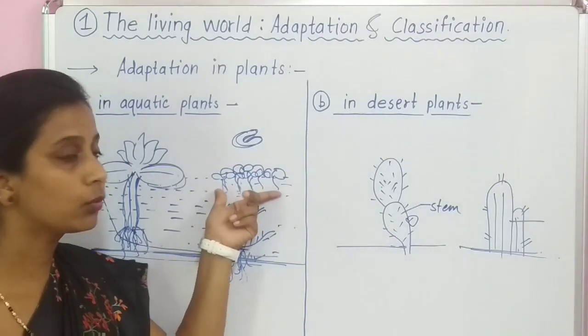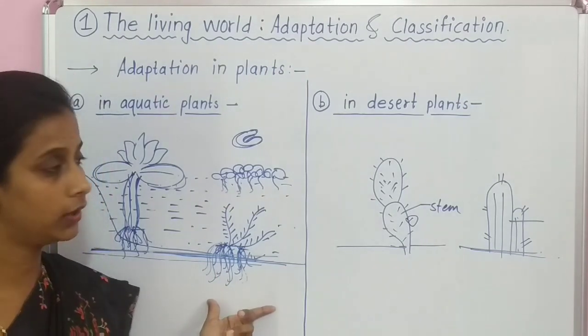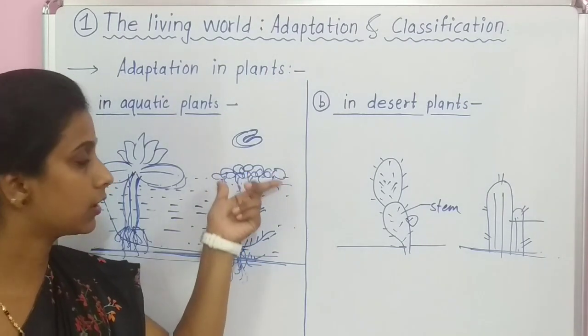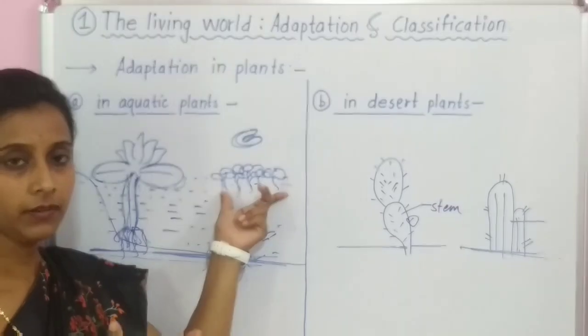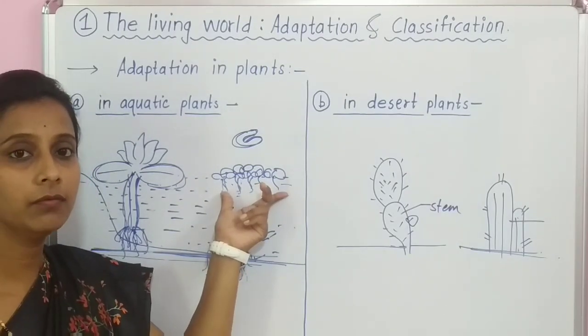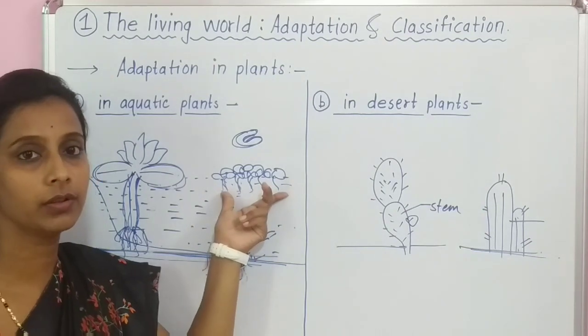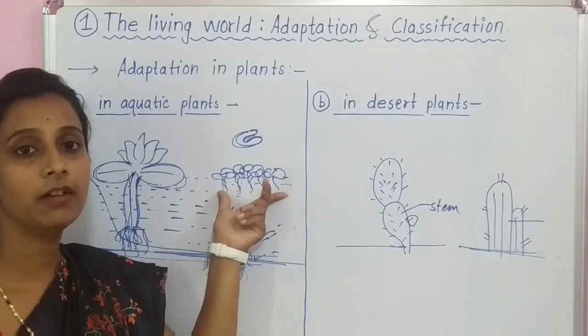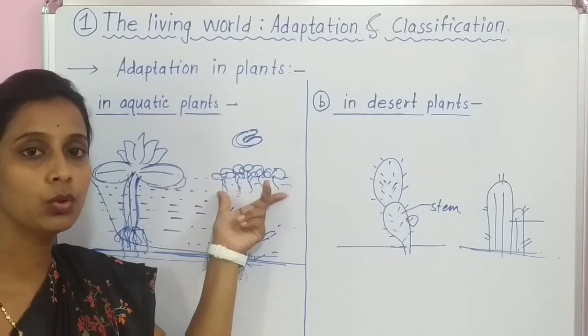Their roots are not connected to the soil. They are floating, and the leaves are also floating. So they are adapted to live on the water bodies, means to float. They are not affected by the flow of water.